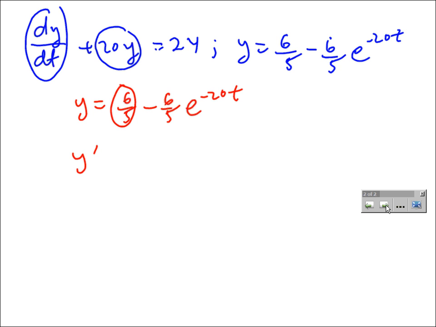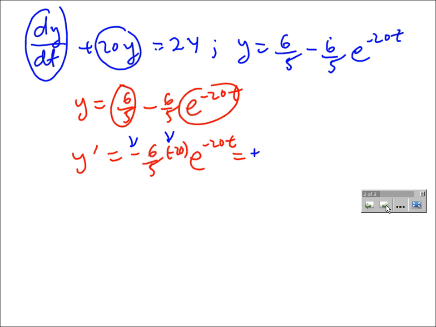Well, that's a constant, and its derivative is 0. So we have negative 6/5 times the derivative of that. Well, the derivative of e to any power is e to that power times the derivative of the power. A negative times a negative is a positive.